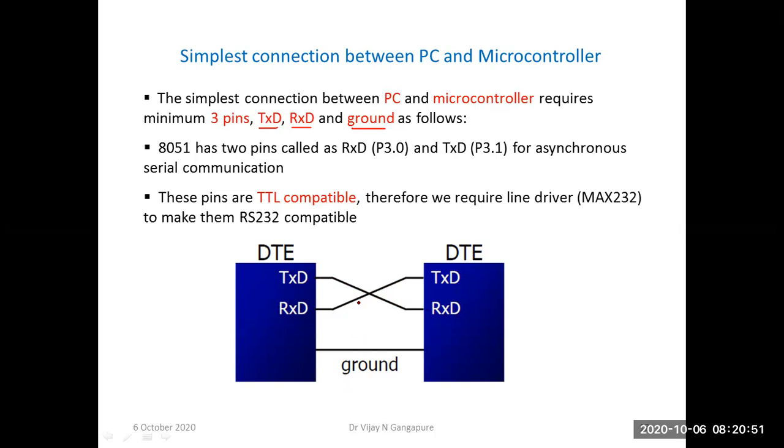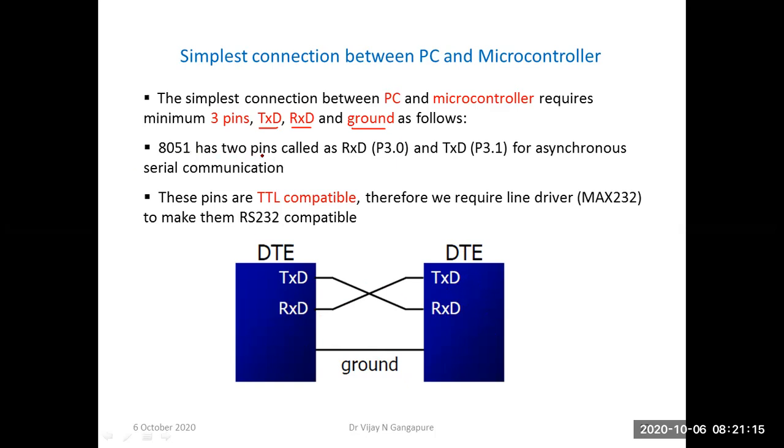So the simplest connection between the PC's RS232 port and the serial port of a microcontroller is like this. Only 3 pins are interfaced. TXD, RXD, and ground pins of one DTE are connected with the TXD, RXD, and ground pins of the other DTE.